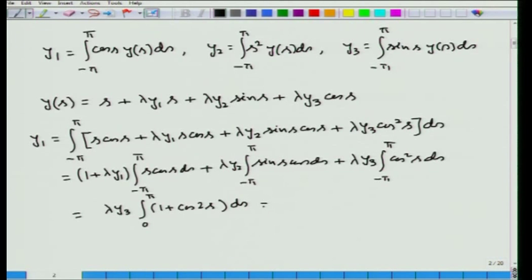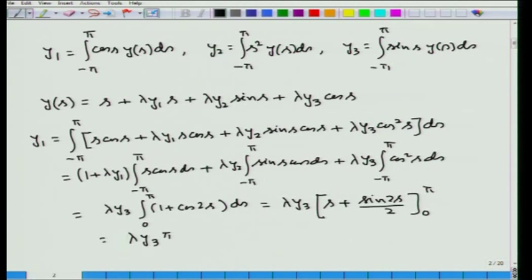After integration we have lambda y 3 times s plus sin 2 s divided by 2 with limits from 0 to pi, and therefore this results in lambda y 3 pi.